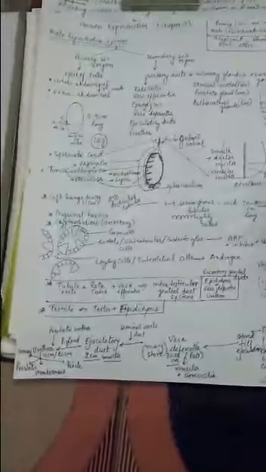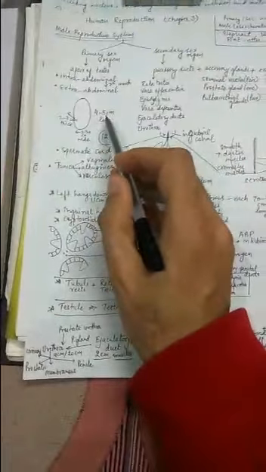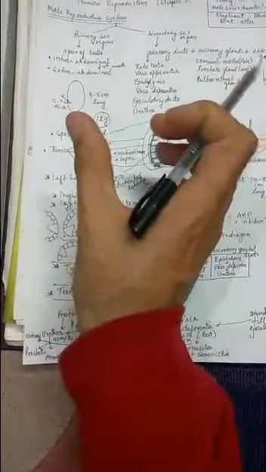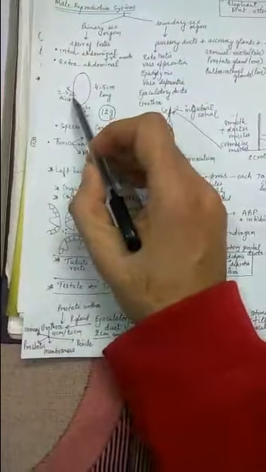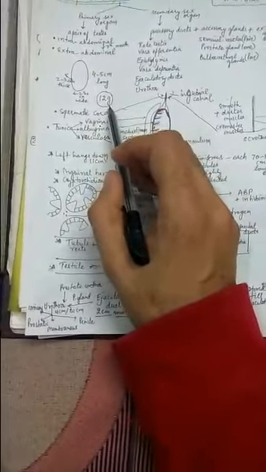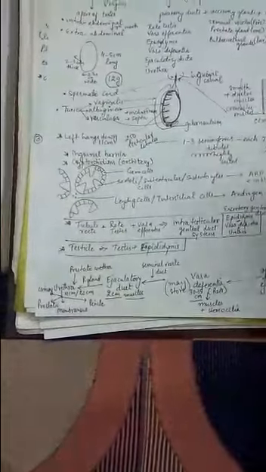Now when we try to understand the outline, testes are oval in shape. They are 4 to 5 centimeter in length and 2 to 3 centimeter in width, and their thickness is 2 to 3 centimeter again. Each testis weighs somewhere around 12 grams, quite a small amount, and each testis is attached to the abdominal cavity with the help of a string-like structure.